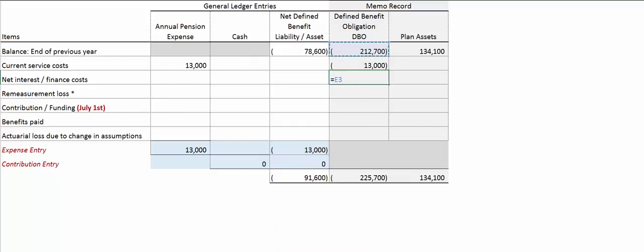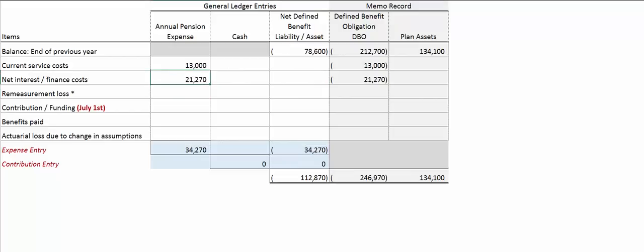In a previous example, we saw that there were past service costs that had been determined at the beginning of the year. Here there's no other adjustments to that number, so we can just take the opening balance at 10% and put that in. Just want you to note that in itself, that would be an expense.